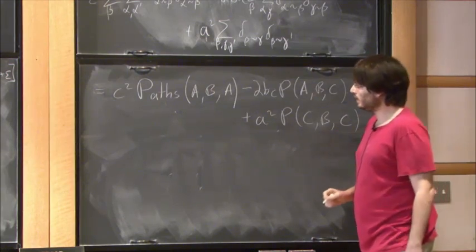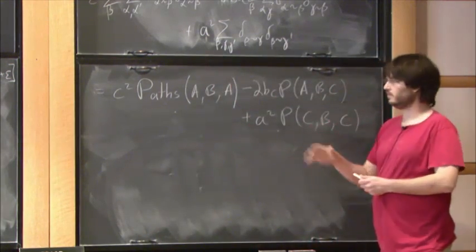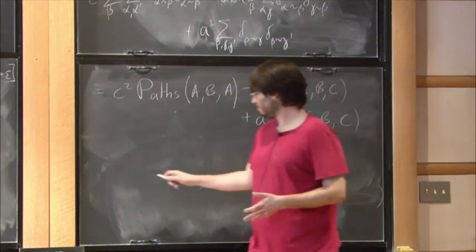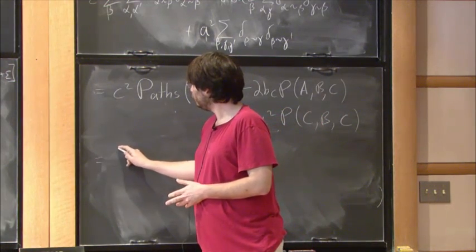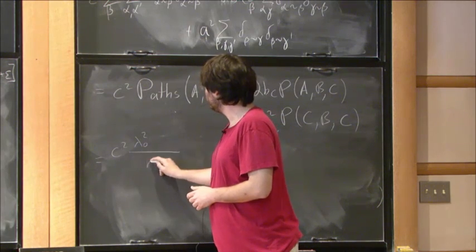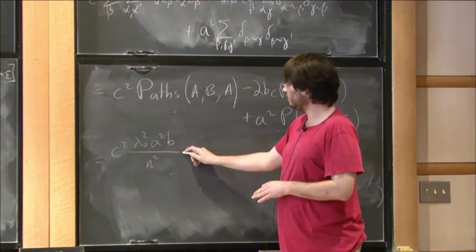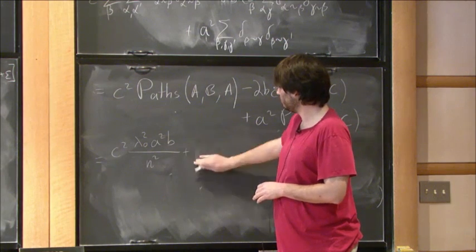And now, again, this is a question about expander graphs. We understand the number of paths well. And this will be C square, and then this will be lambda square over n square A square B plus some error term.